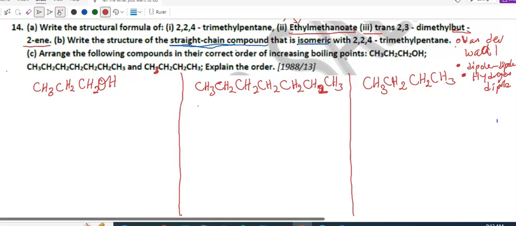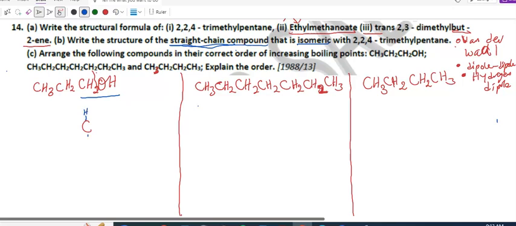Again, we said that in alcohols, we have oxygen attached to carbon. Let me focus on this point. I'm going to expand only this end, please.